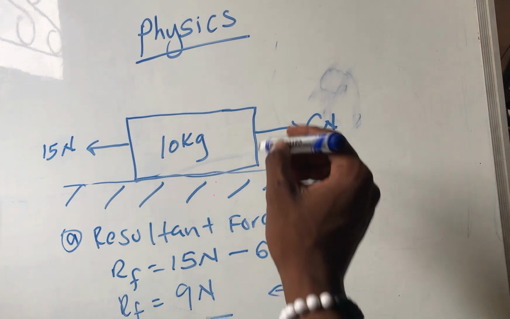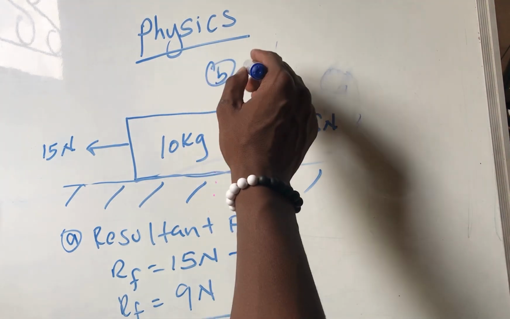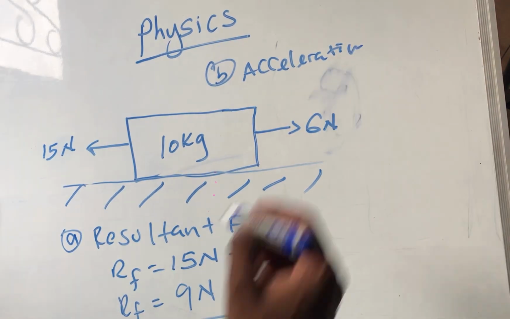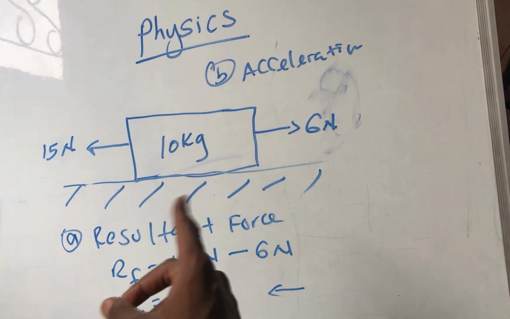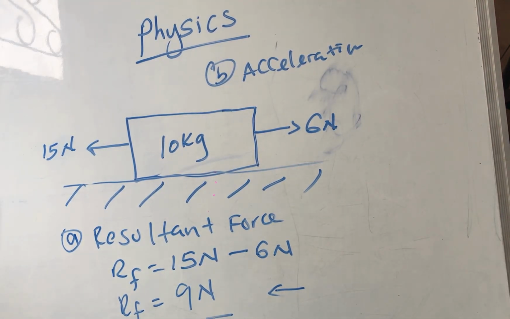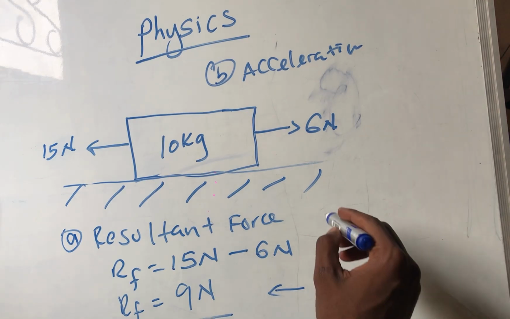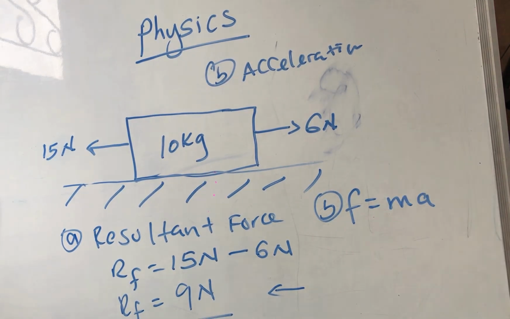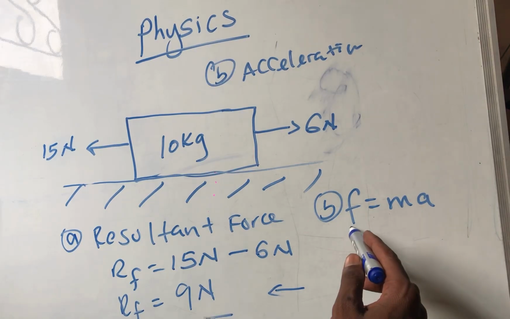Now question B, we want to calculate the acceleration with which this body will move. So how do we get the acceleration? Now from Newton's second law of motion, we discussed that force equals mass times acceleration. Now, what is the force?